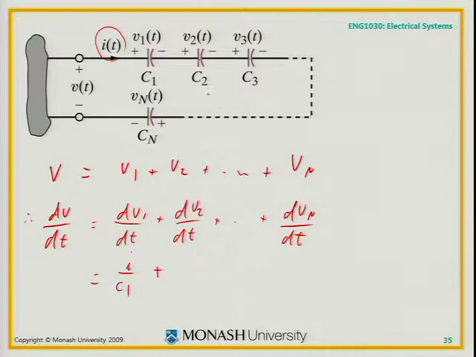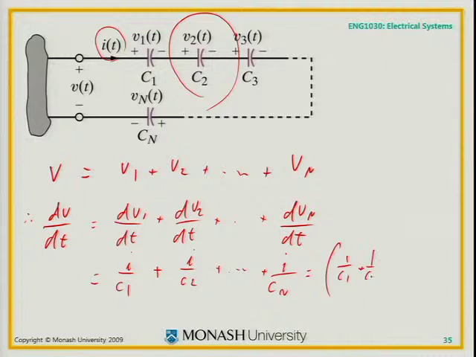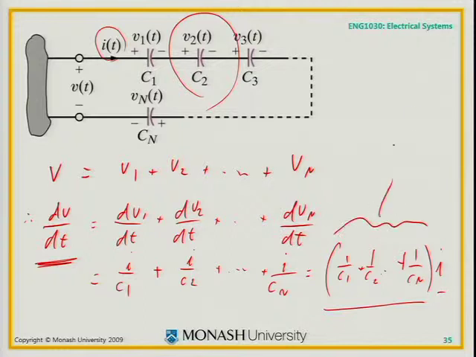The time rate of change of voltage on that capacitor. I on C2. It's the same current through all of them. I on C2 plus dot, dot, dot plus I on Cn, which is 1 on C1 plus 1 on C2 plus 1 on Cn times I. So I've got dV dt overall is this times I. So that whole thing there must be 1 on the equivalent capacitance.